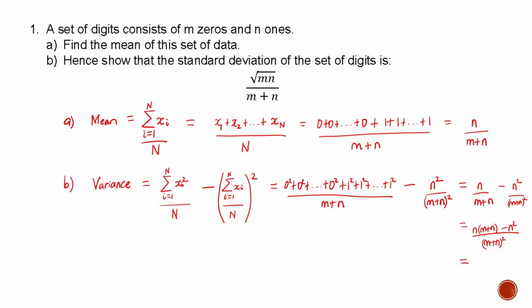And you realize when you open the bracket, you'll have nm or mn out of m plus n squared, because the n squared takes itself away.